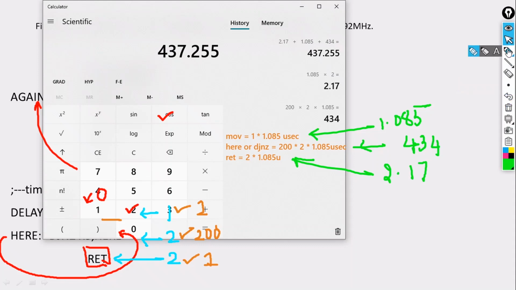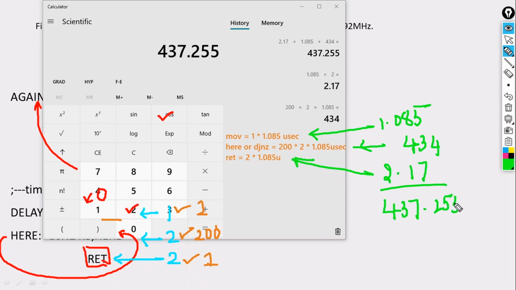437.255. So the value we are getting here is 437.255. Okay, so this 437.255, it is in terms of what? It is going to be in terms of microseconds.